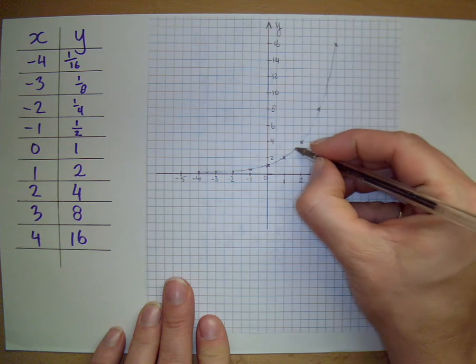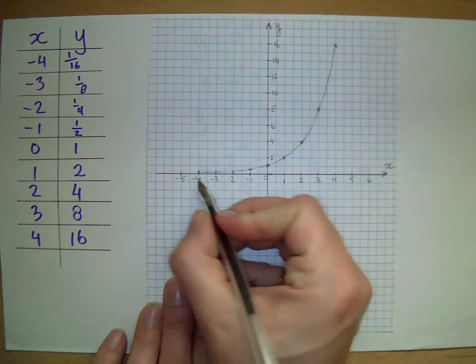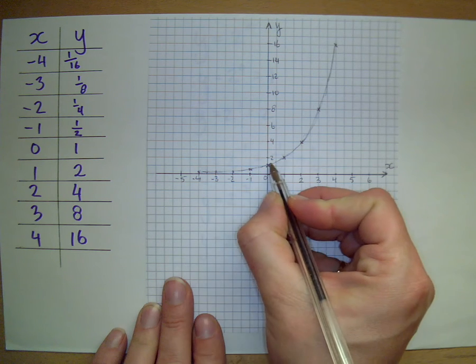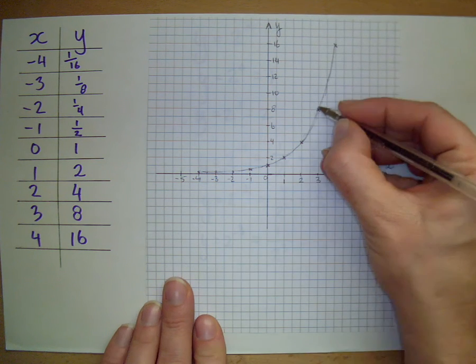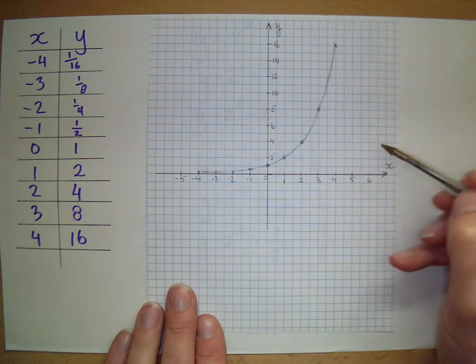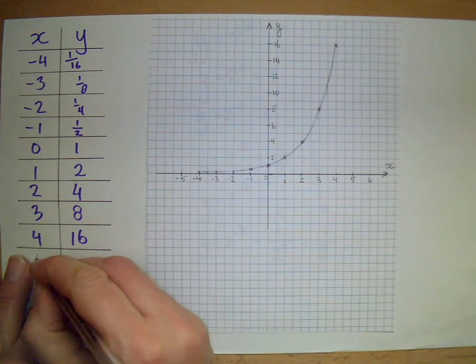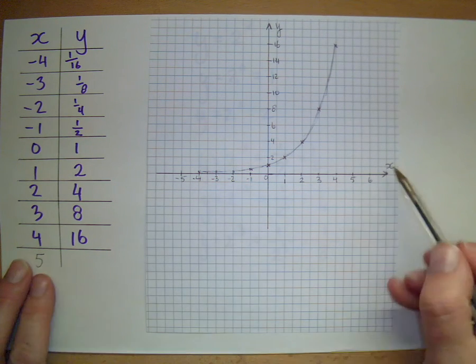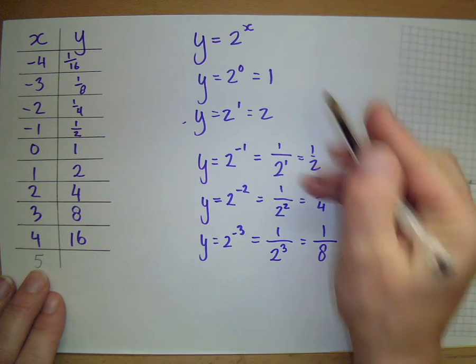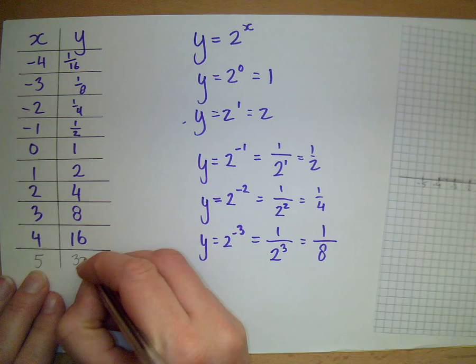As you can see, this growth kind of explodes, right? First it goes up slowly, slowly, slowly, and it just keeps going faster, faster, faster, and then it shoots up. I can't even plot the y value for x equals 5, because 2 to the power of 5 is 32.